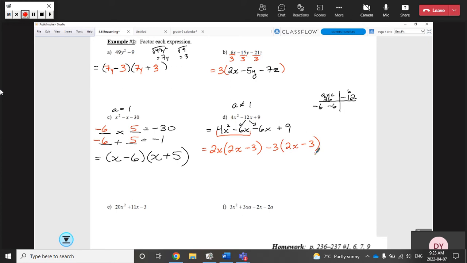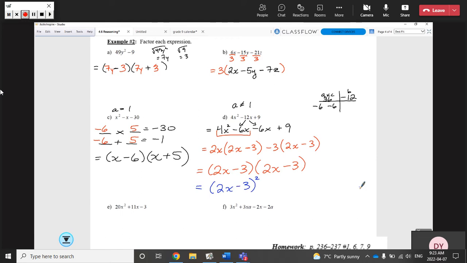Yeah? Okay. And then we take out the common factor of 2x minus 3, and we're left with 2x and minus 3. Interesting. We can actually go one step further, and we should always go one step further with these ones, and kind of state this as 2x minus 3 squared.